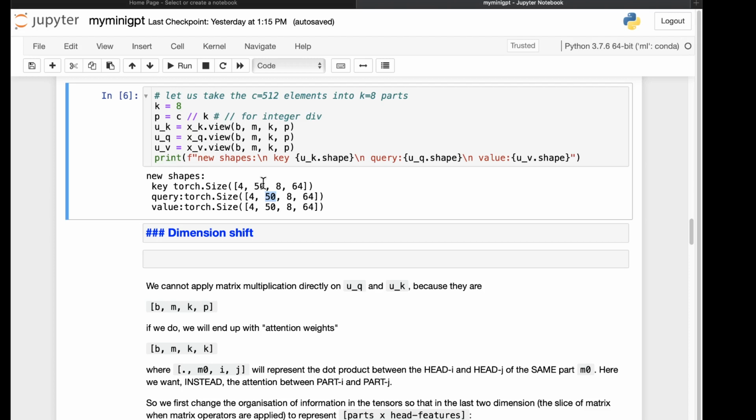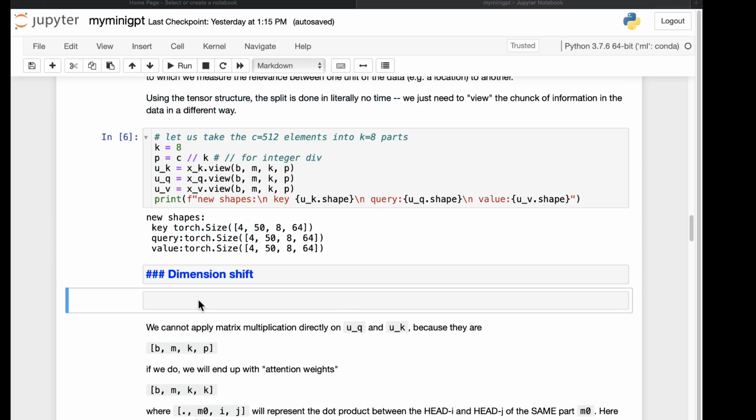Look, if we do this, let's just take an example. Remember, the following operation is wrong. We cannot do this, but I'm demonstrating why it is wrong. So we will use the query to do the matrix multiplication with the k.